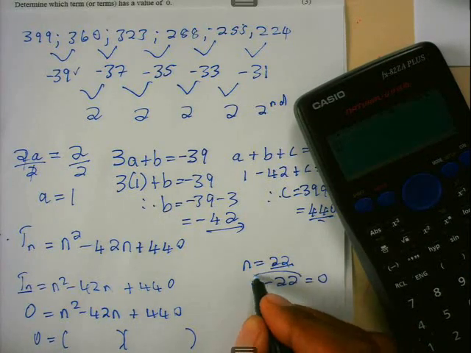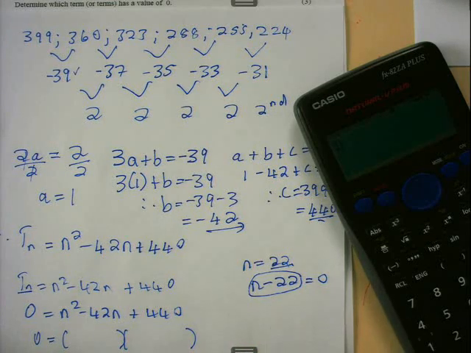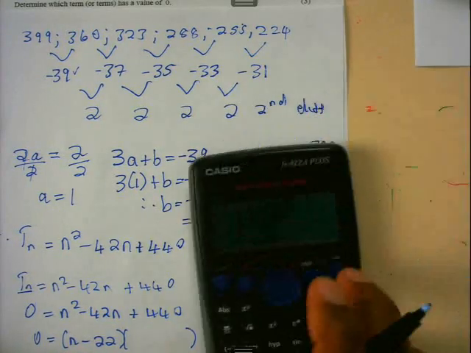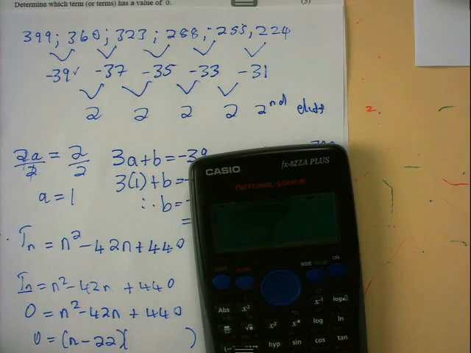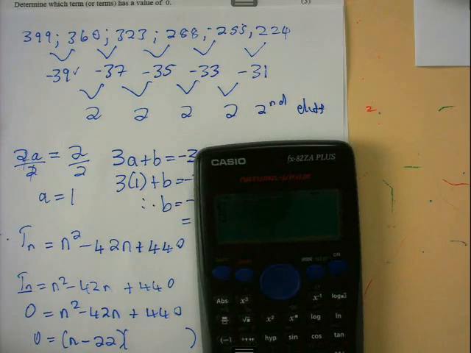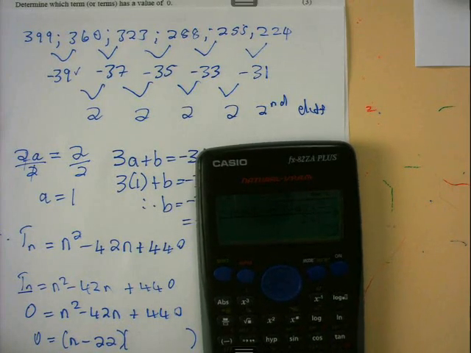Immediately from this one I can say my first factor there is n minus 22. Now I look for the second one. Of course, you must change the sign there. That is minus minus 42, then plus the square root of minus 42 all squared minus 4 multiplied by 1 multiplied by 440, then divide by 2 times 1. Then you can see that is 22.